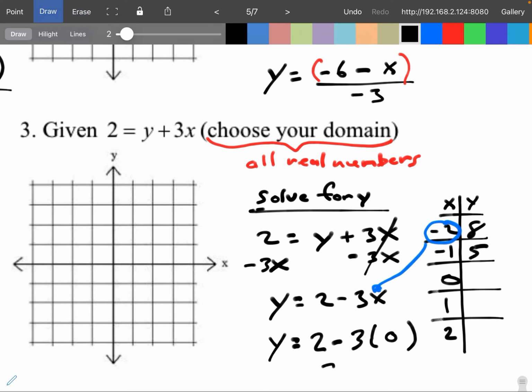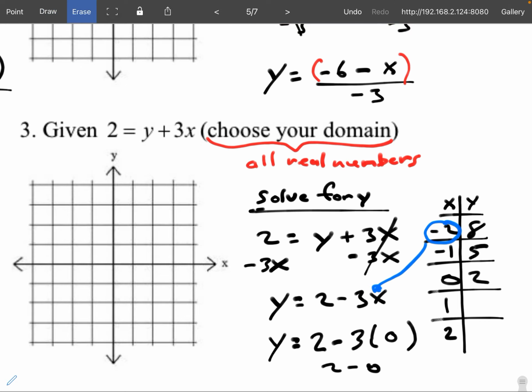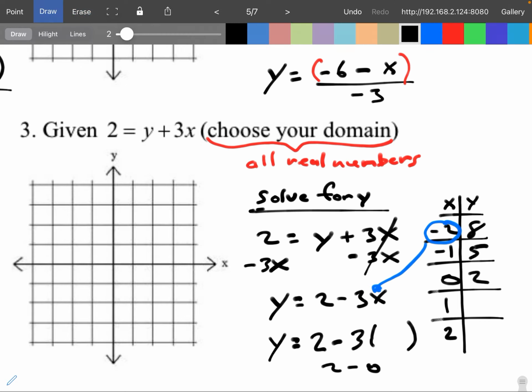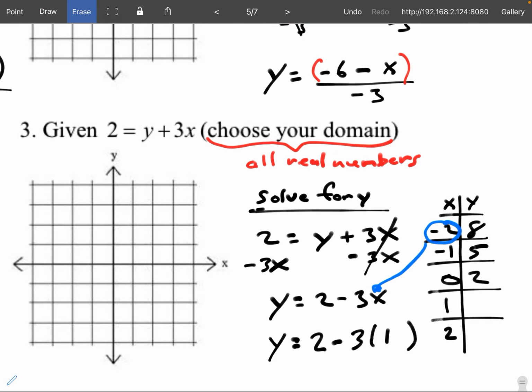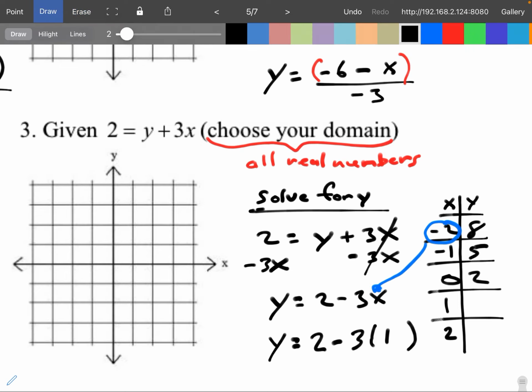Then I'm going to put 0 in for the x. What's -3 times 0? 0. So this is going to be 2 minus 0, right? What's 2 minus 0? 2. That's 2.